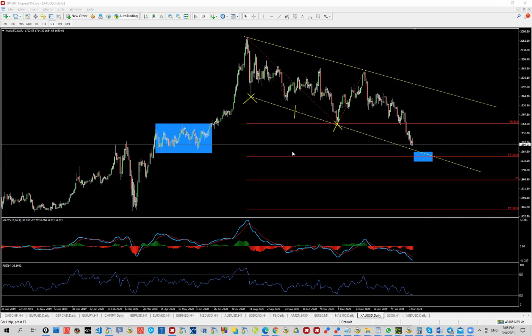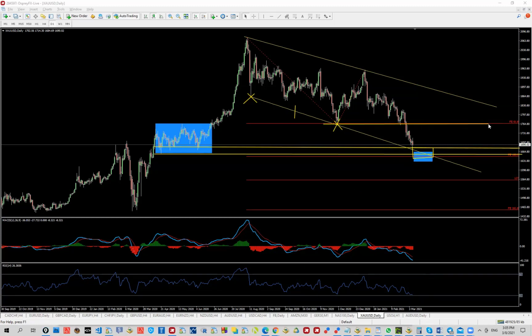So we're creating a zone where all these things fit together, and this zone is right here. We said that once that low was broken, 61.8, and this divergence was broken, we're looking for potential sell opportunities versus this level at least.